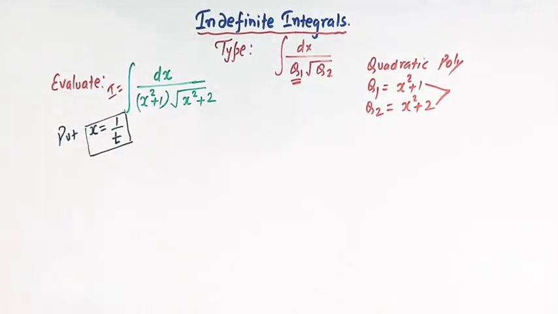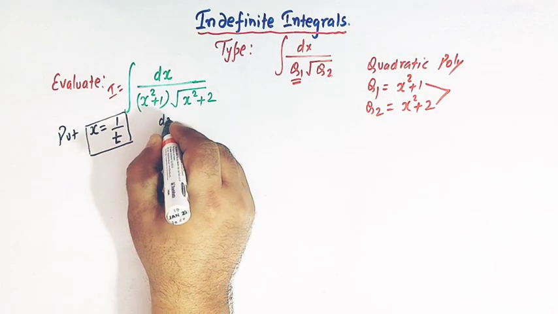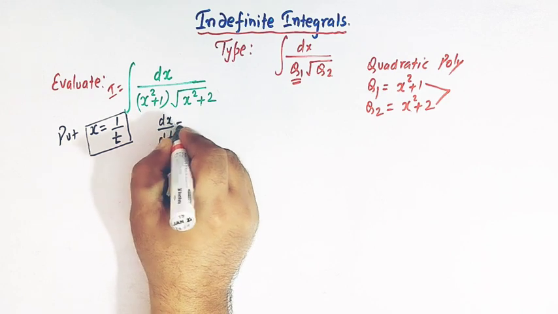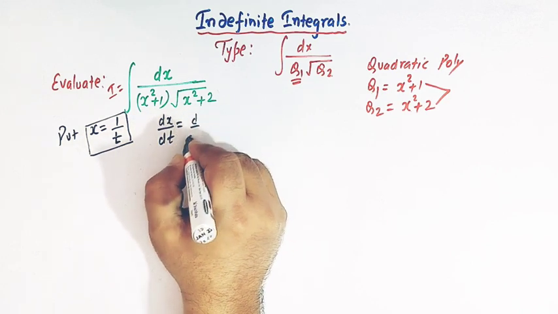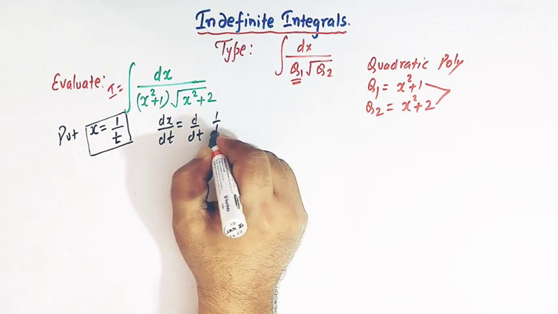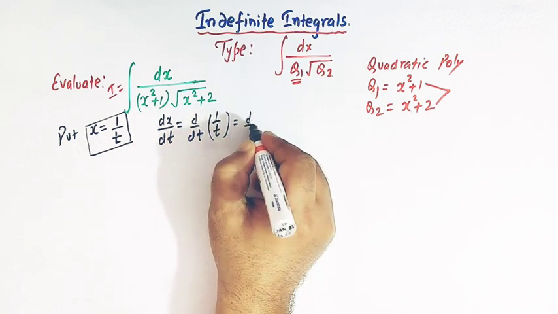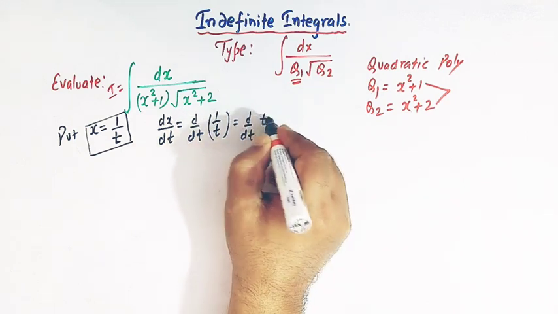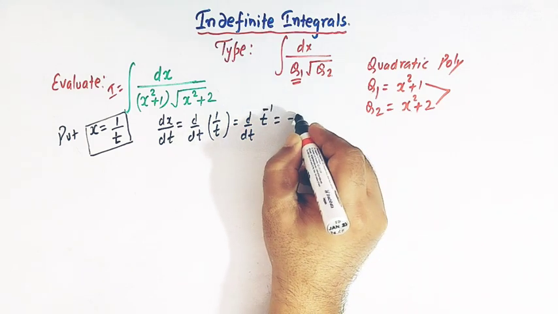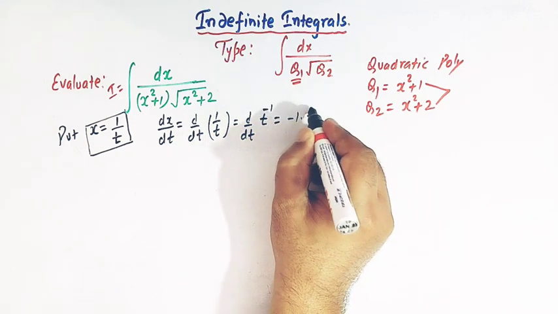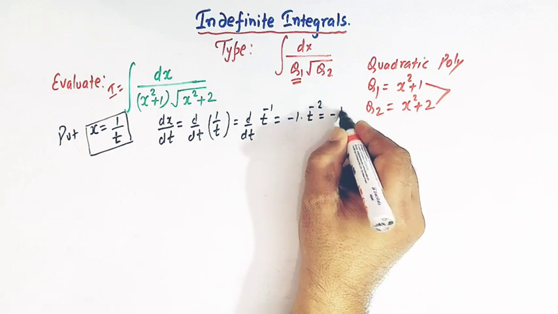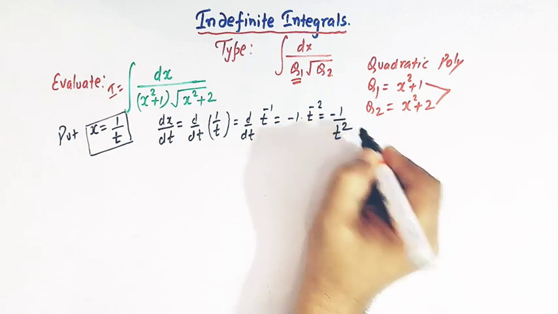Now let us differentiate x with respect to t. So we'll get dx over dt is equal to d by dt of 1 over t, that is d by dt of t raised to minus 1. So this is minus 1 times t raised to minus 2, that is minus 1 over t square.